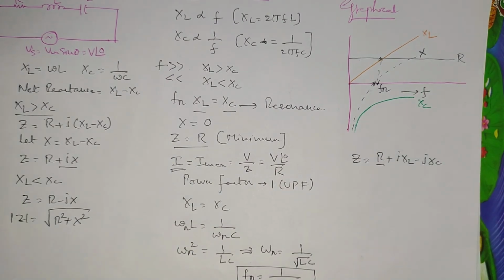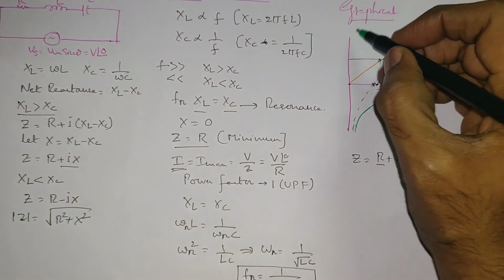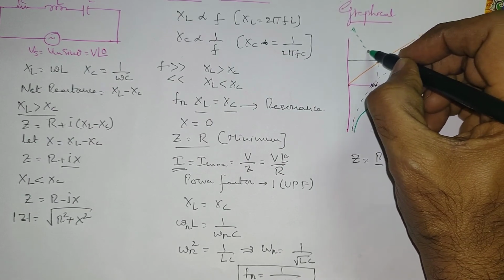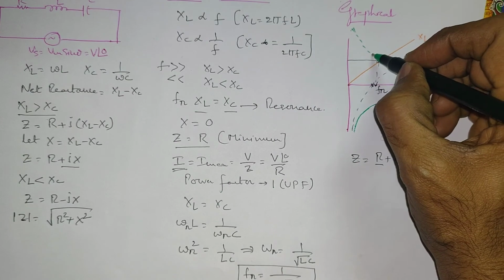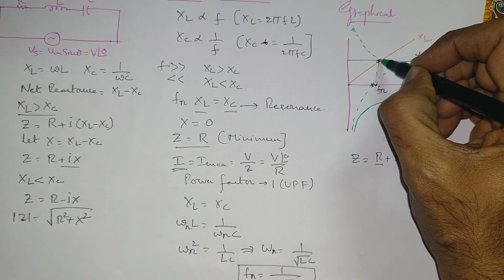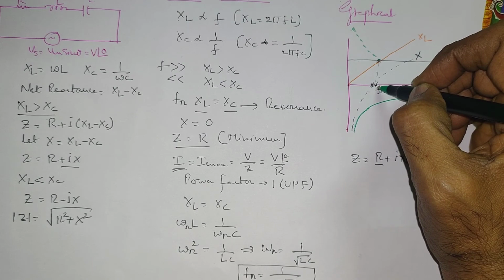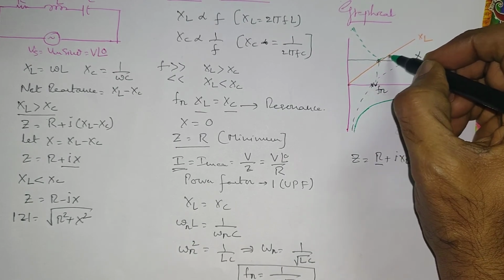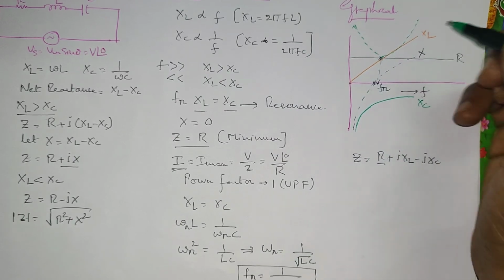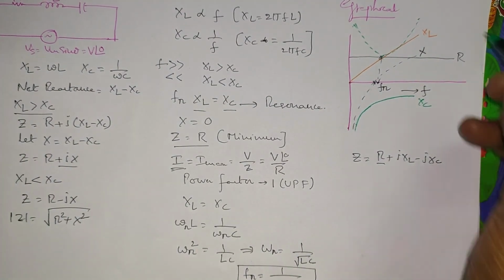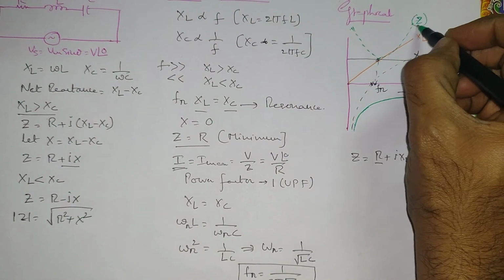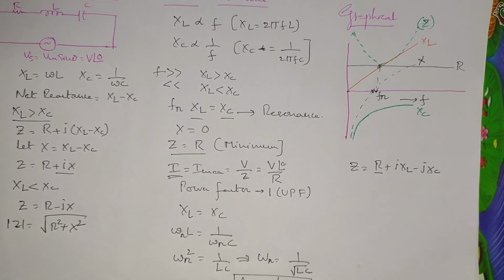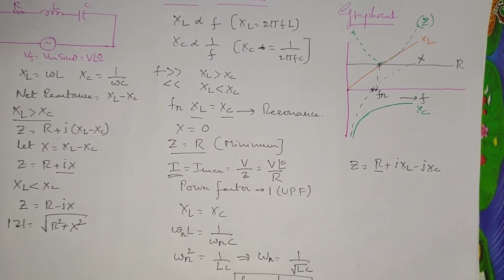So if you draw the impedance curve, initially the impedance will be very much greater, and as the frequency increases the impedance goes on decreasing, and it will be minimum at this point where we have the resonant frequency and its magnitude will be exactly equal to R, and again it goes on increasing as the frequency increases. So this is known as the impedance graph. That is how we can represent the series resonance in a graphical way.